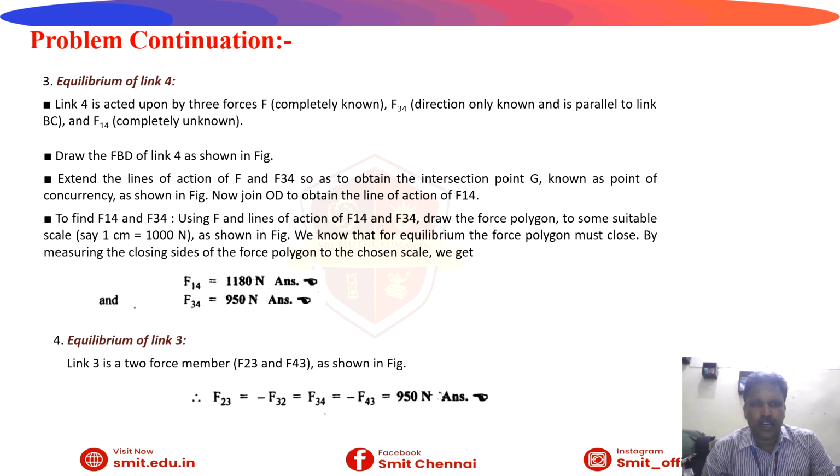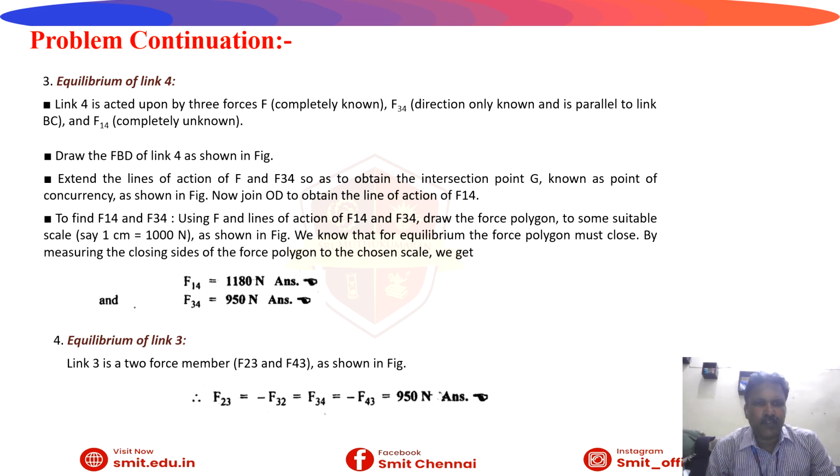Link 4 is acted upon by 3 forces: F, that is completely known, F34, whose direction only is known and parallel to link BC, and F14, completely unknown. So draw the free body diagram of link 4 as shown in the figure.